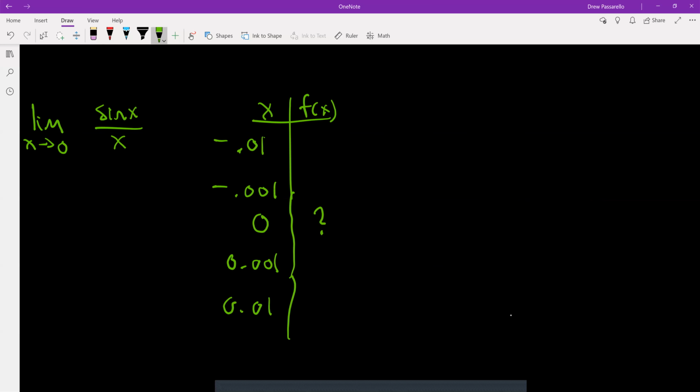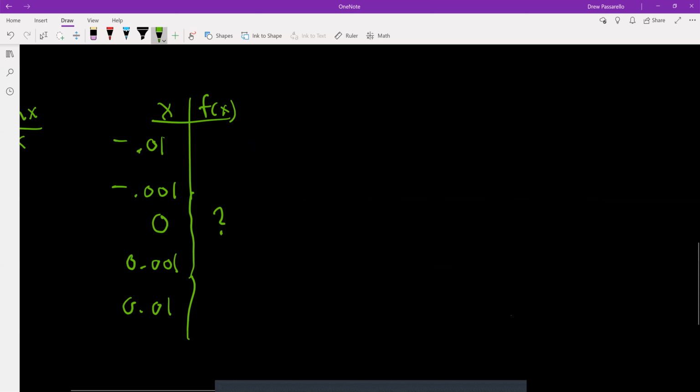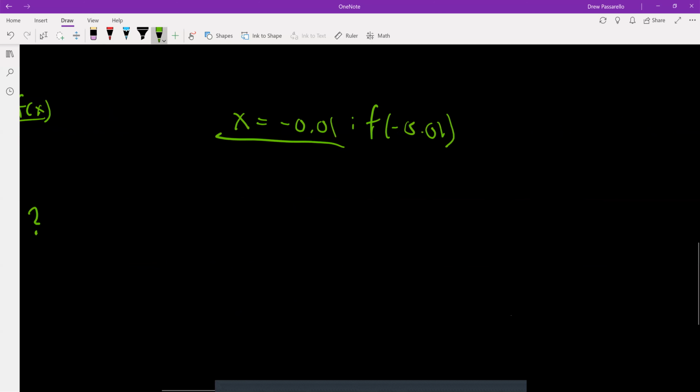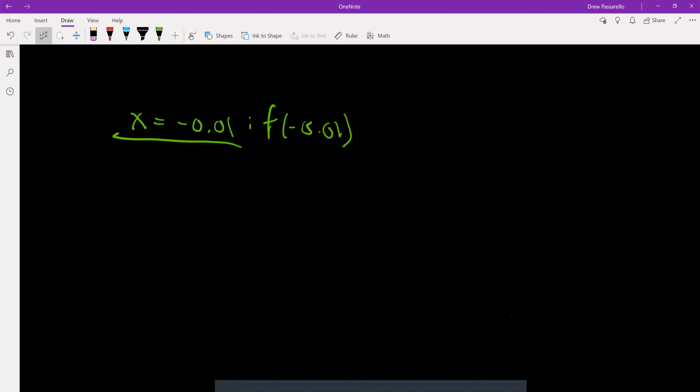And similar logic, I plug them in just for demonstration. If I did negative 0.01, that's going to be equal to sine of negative 0.01 divided by negative 0.01.